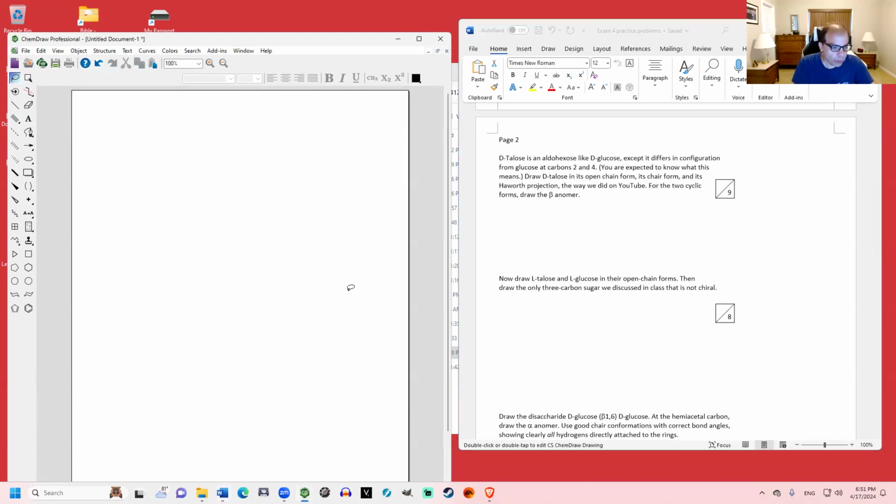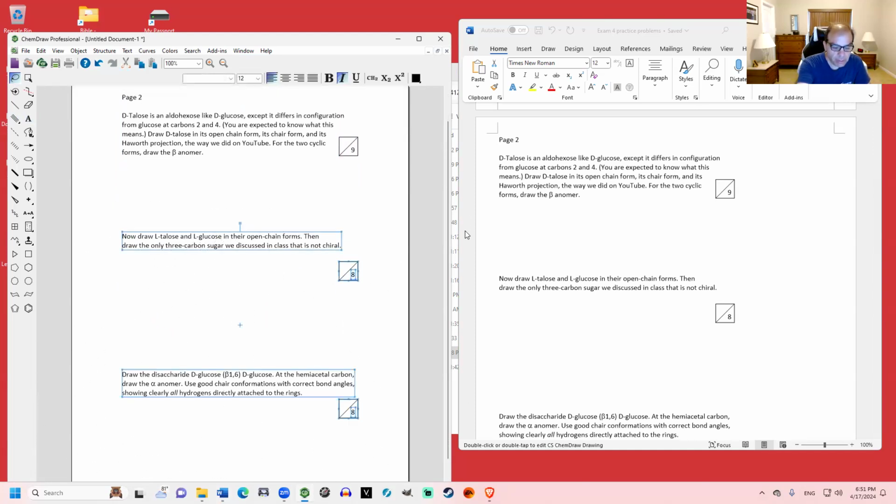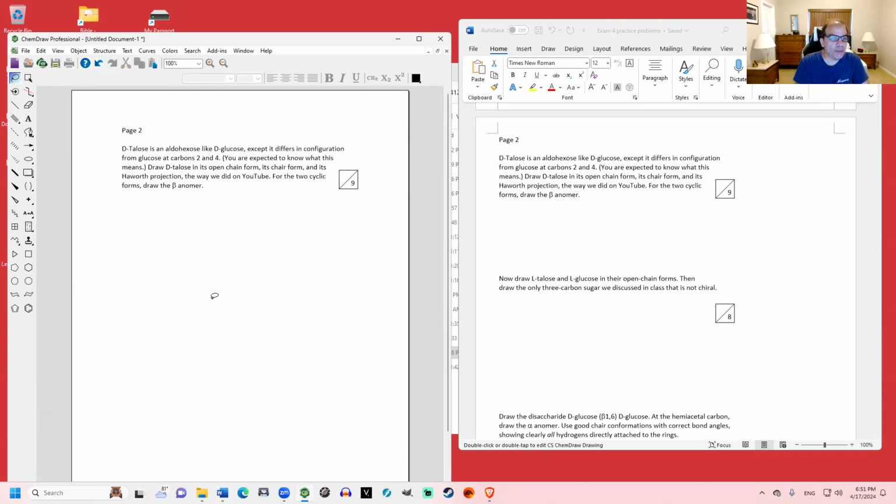Now we get into some carbohydrate questions, which we started today. This question, we did one just like it in class today. D-talose is an aldohexose like D-glucose, except it differs in configuration from glucose at carbons 2 and 4. Draw D-talose in its open chain form, its chair form, and its Haworth projection.